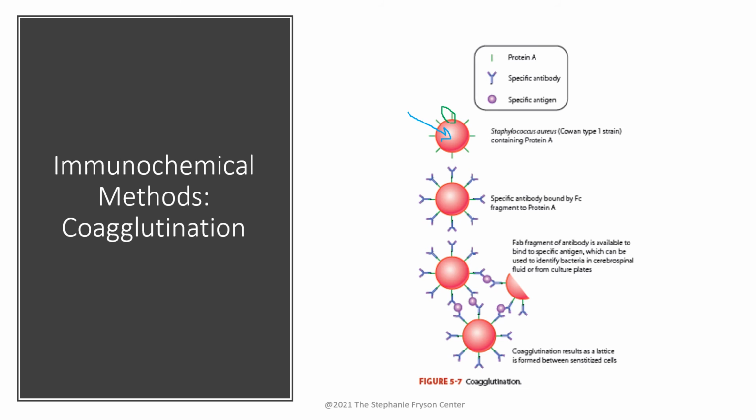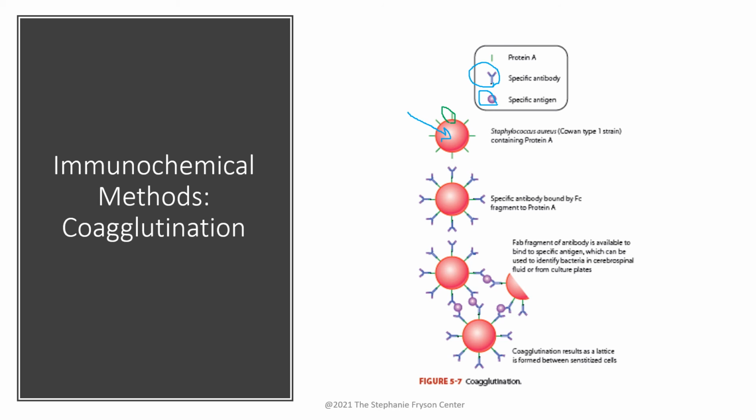Notice the antigen is the purple little ball, and then the antibody is here with the epitopes. So you have a specific antibody that is bound by the Fc fragment.